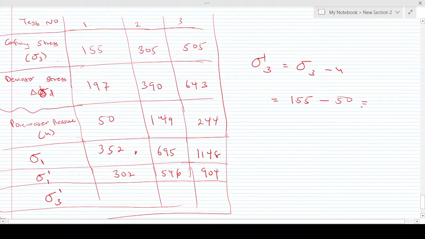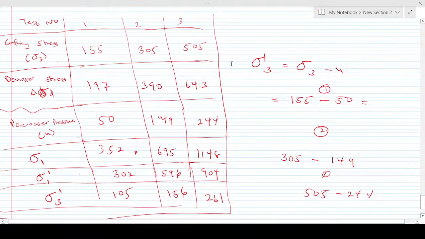Then you have 105 here. For the second trial, we have 305 minus pore water pressure 149. Then we have 156. And for the third trial, we have 505 minus 244, and that gives 261.